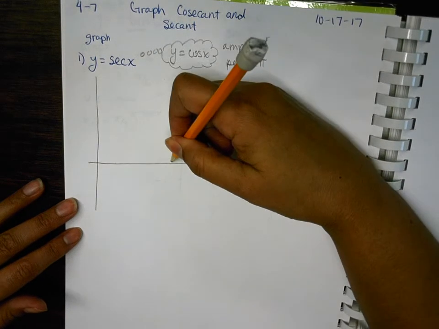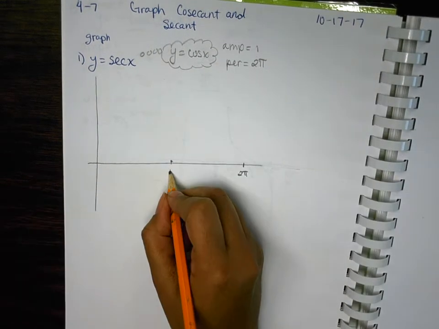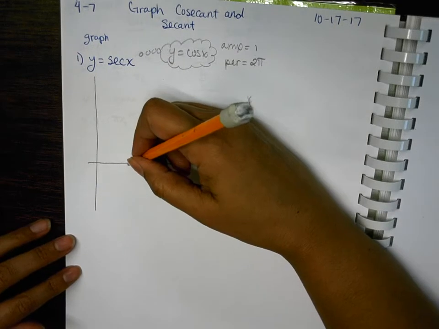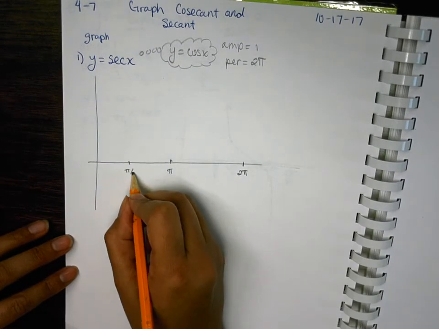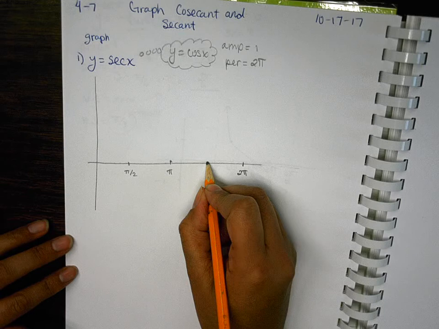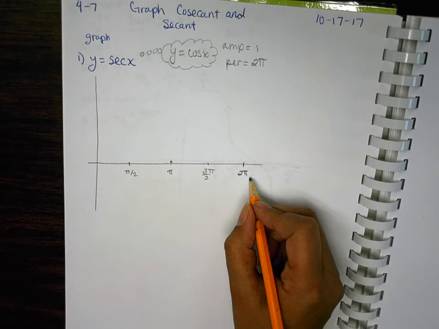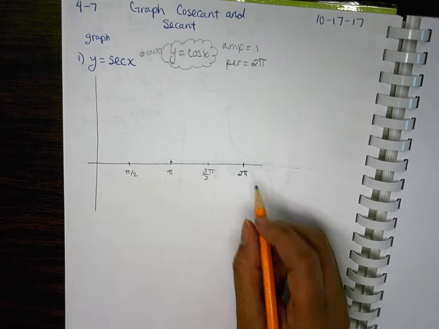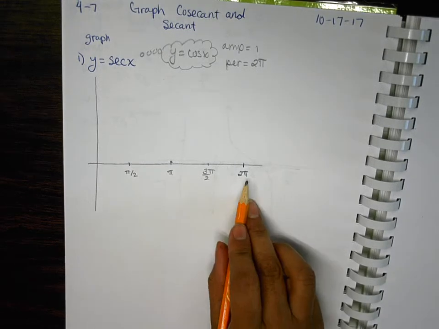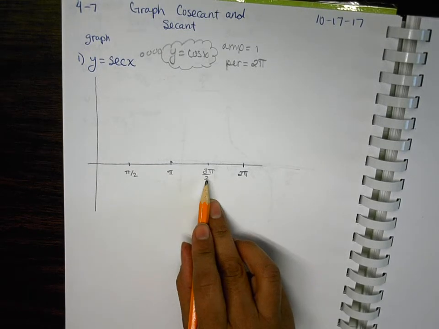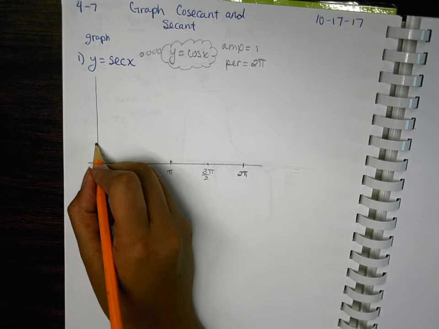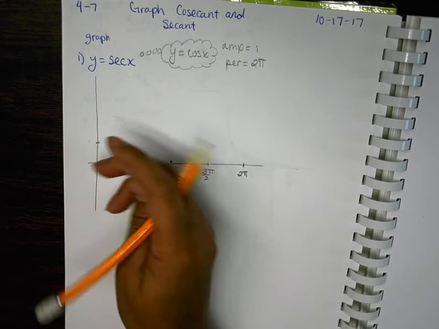What's half of 2 pi? What's half of pi? And then 1 over 2, 2 over 2, this is 3 pi over 2, 4 pi over 2, does it work? Also get practice with 1 plus 2 is 3, 3 cut in half is 3 over 2. All right, amp is 1.